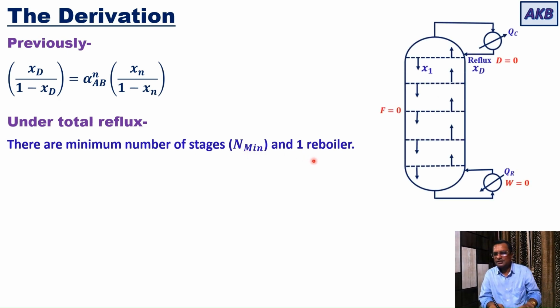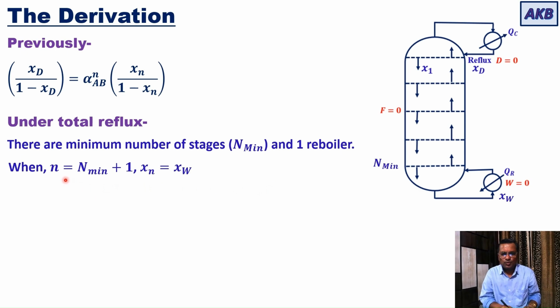If you have to understand this with the help of this diagram, the last stage in the column will be the minimum number that is possible. So if this is n minimum, then n minimum plus one reboiler. That's why I'm saying under total reflux there are minimum number of stages in the column and one reboiler.